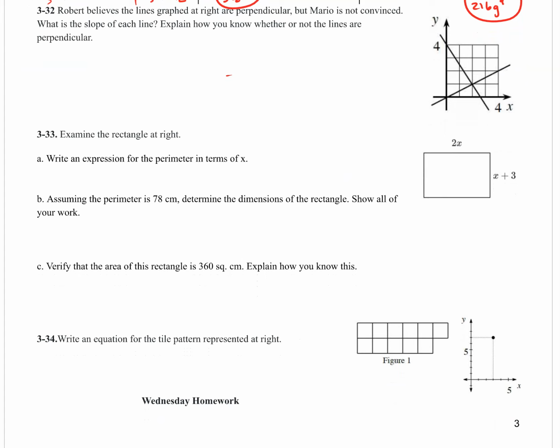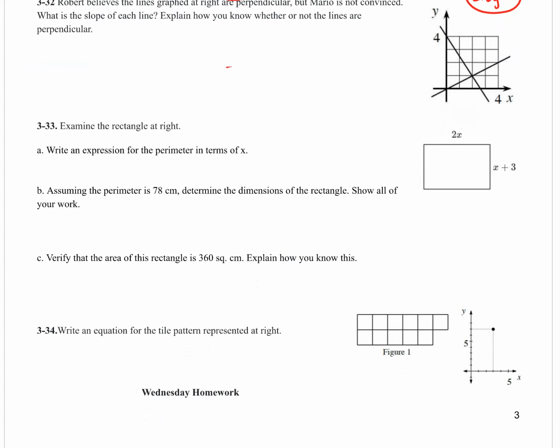332. Robert believes these lines are perpendicular, but Marco is not convinced. Marco, what is the slope of each line? Let's call this line A, and let's call this line B. So for line A, make sure you pick a good point, a corner point. Don't pick this one, that's a bad point. Let's get the slope.